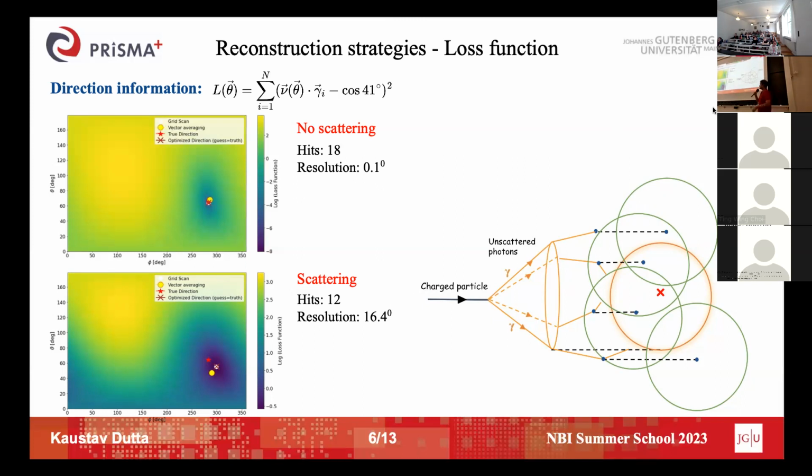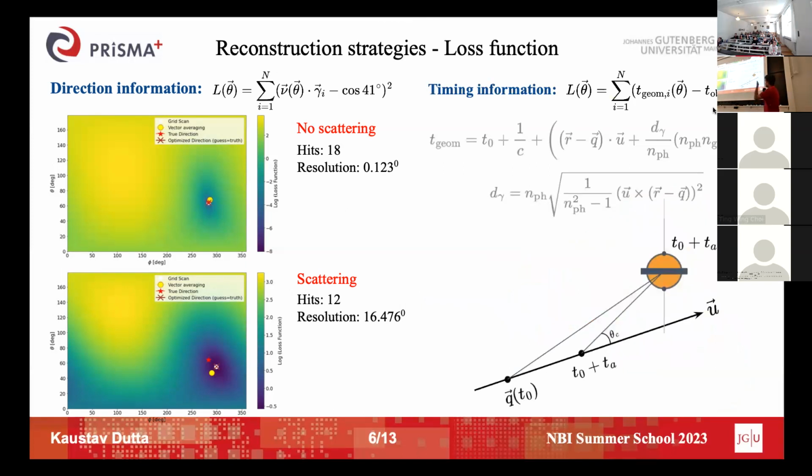If you compare the resolutions, in the no scattering case it was very close to 0, and now it degrades to around 16 degrees. Moving forward, we also have the timing information of photons now, and I develop it in a similar way as I did with the direction information.